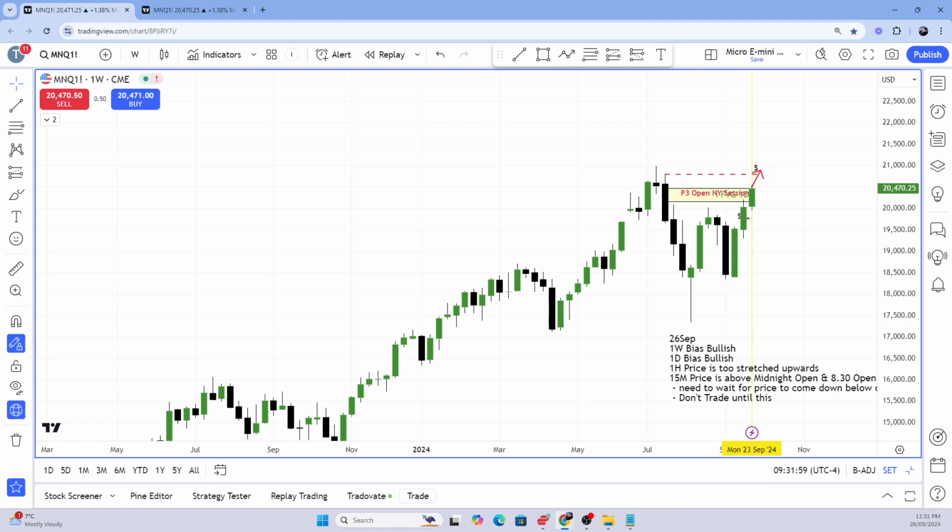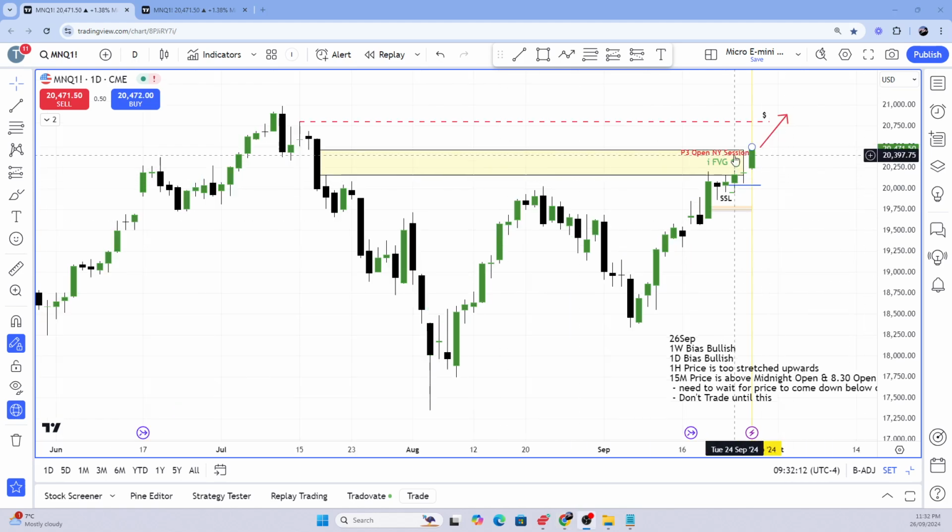Then let's move into the daily chart. You can see the price went above this daily fair value gap.